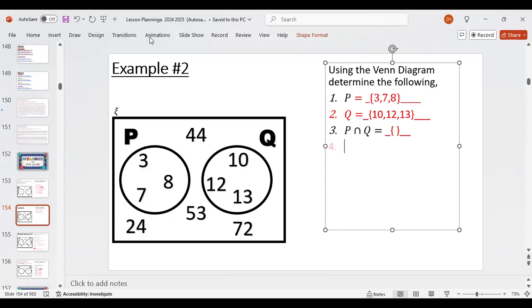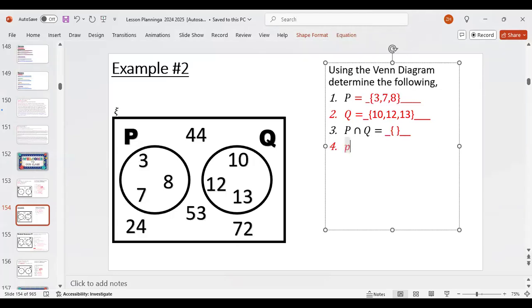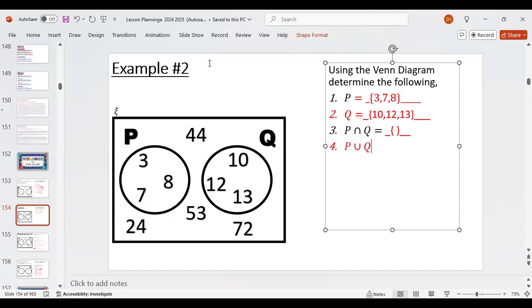Good. The next thing I want is the union. So P union Q. Who's going to help me with the union? That's all that goes in the union? Anything else? What's in the union? 3, 7, 8, 10, 12, 13.